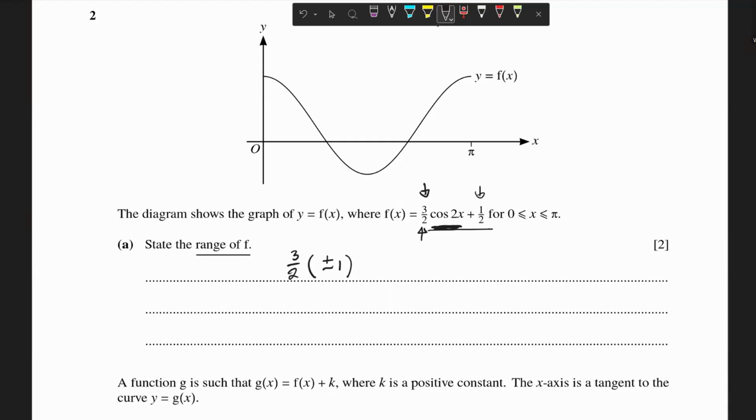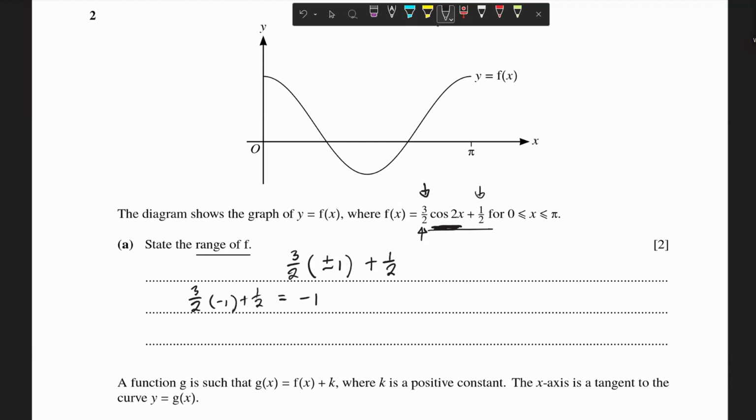And then there's a plus half, which means we then add a half, because this is a translation which also affects the y values, and therefore it affects the extreme values vertically for our function, and that's what's going to give us the range. So here we will get two values. We'll say 3 over 2 of minus 1 plus a half, that's minus 3 over 2 plus a half, that's minus 2 over 2.